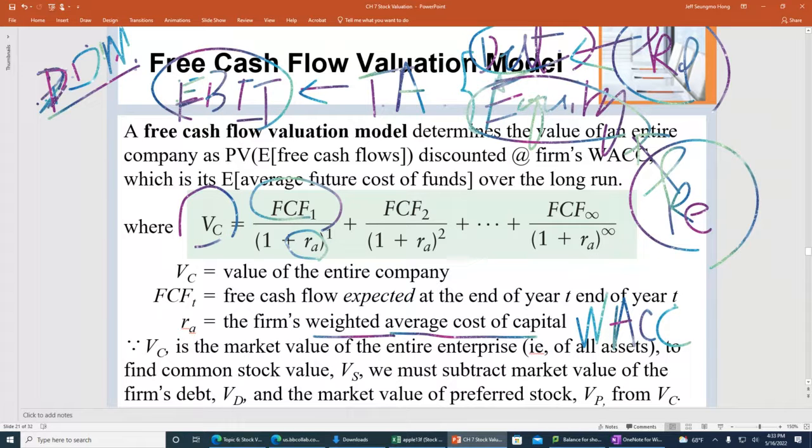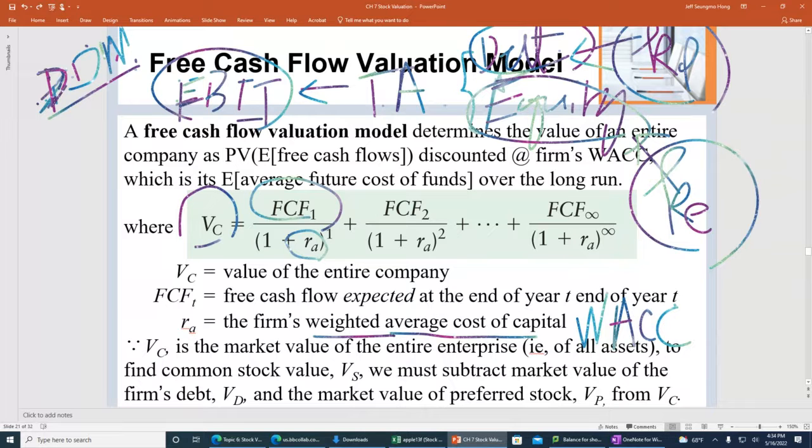To discount free cash flow, which is the result of the workings of both debt and equity. And you remember, I talked about this earlier, at the beginning of the semester when we did topic 2.